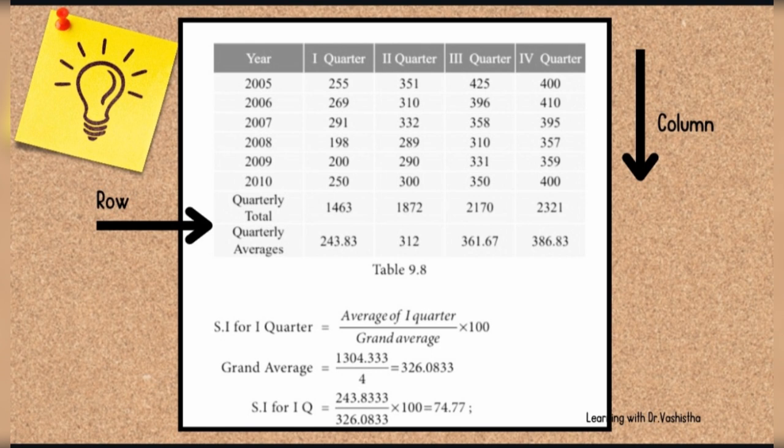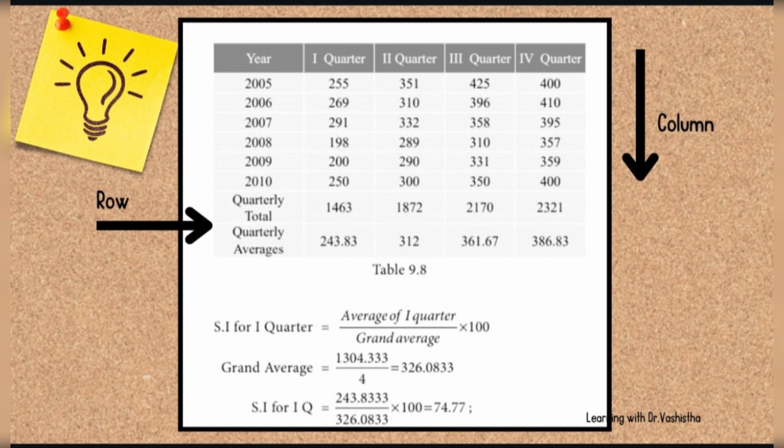Now with the help of these quarterly averages, the grand average will be calculated, which is the sum of all these quarterly averages upon the number of quarters. So it comes out to be 1304.333 upon 4. That comes out to be equal to 326.0833. So now with the help of the average of the first quarter and the grand average, we'll calculate the seasonal index that we need for the first quarter.